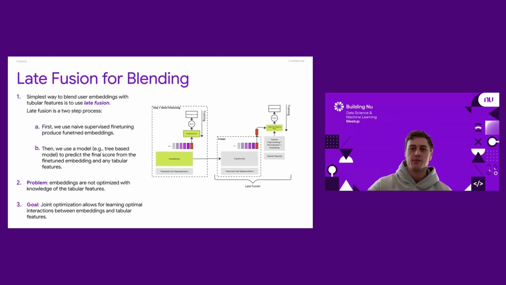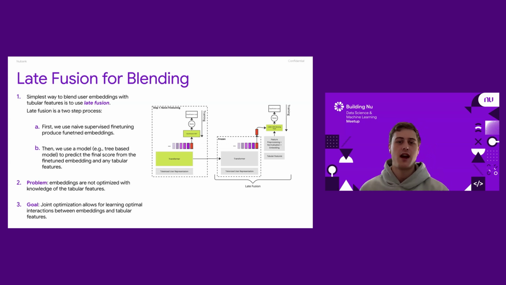So the simplest way to blend our user embeddings with the tabular features is an approach known as late fusion. The essence of this approach is to use the fine-tuned embeddings obtained through naive fine-tuning, and then combine them as a feature inside the baseline model, the LightGBM or XGBoost model that's trained on our tabular features.